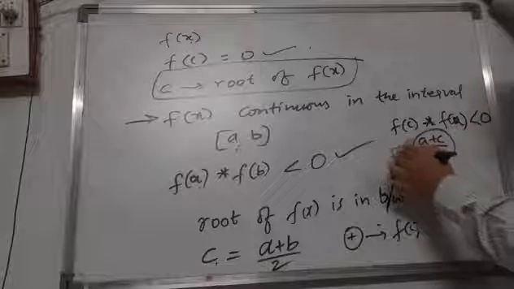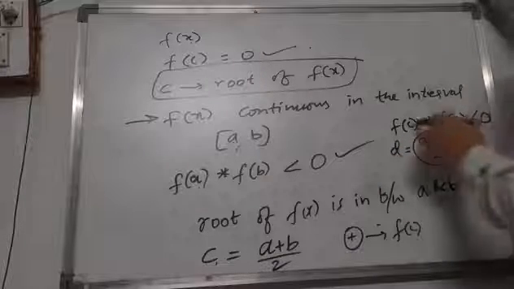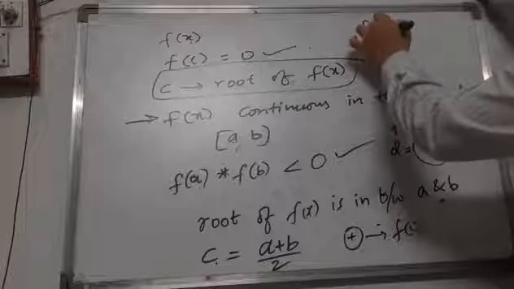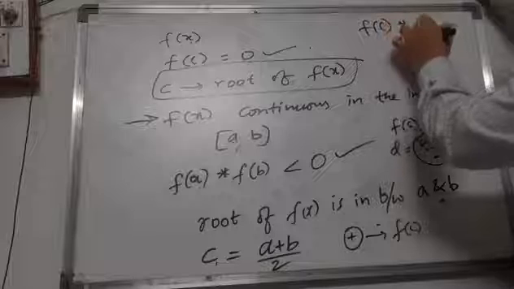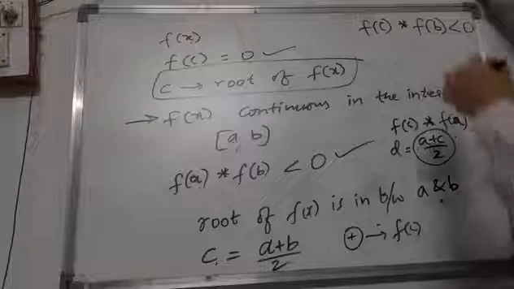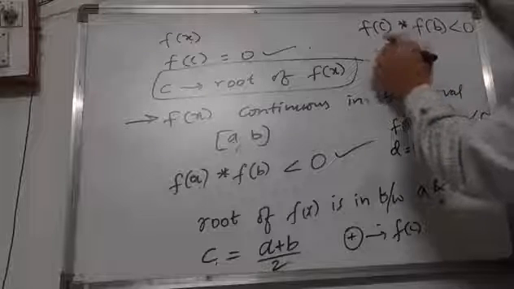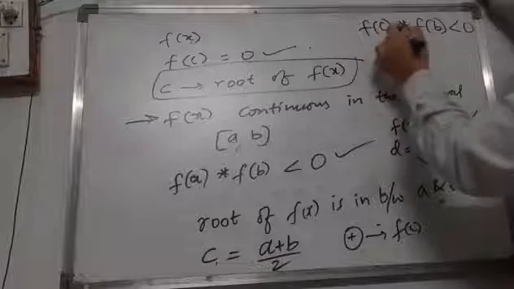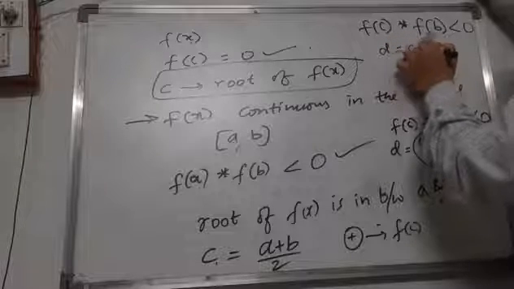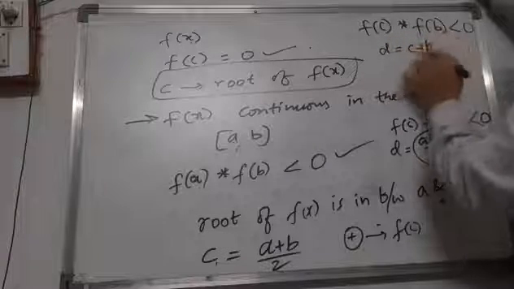Again you calculate the midpoint between a and c. If this is not the case, then you take the product of f of c and f of b, and it should be less than 0. Then you can find d is equal to c plus b by 2.